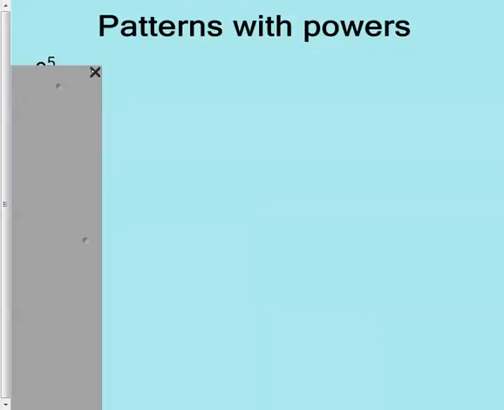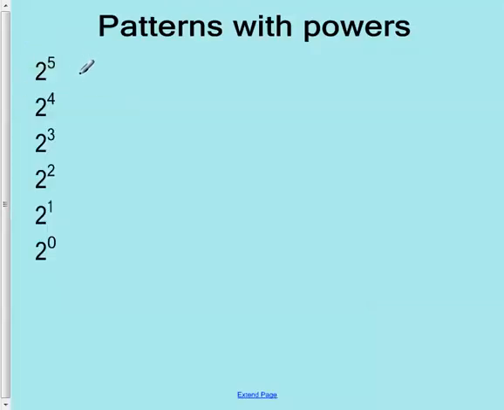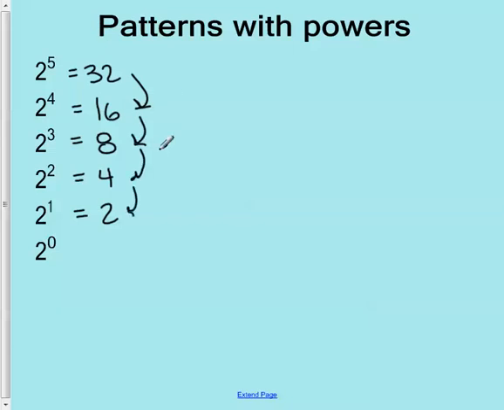All right, so patterns with powers. If we look at these ones, they are relatively easy for us. Notice that as I'm going down the line, I'm really just dividing by 2. Just like if I were going up the line this way, I would be multiplying by 2.